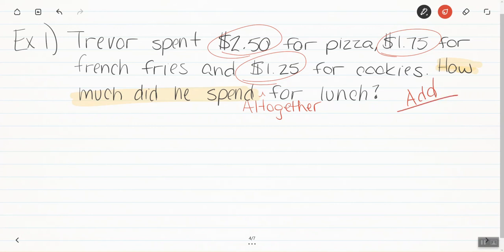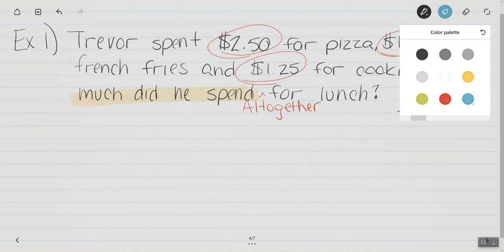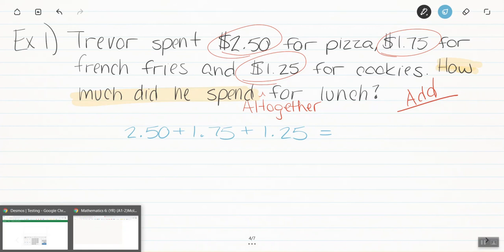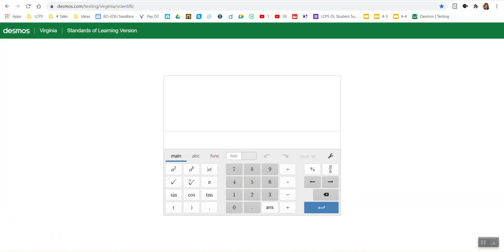So I'm going to write in my notebook first what I'm going to add. So I'm going to take $2.50 plus $1.75 plus $1.25, and I'm going to see what that equals. I'm going to go to the calculator and I can just type it in.